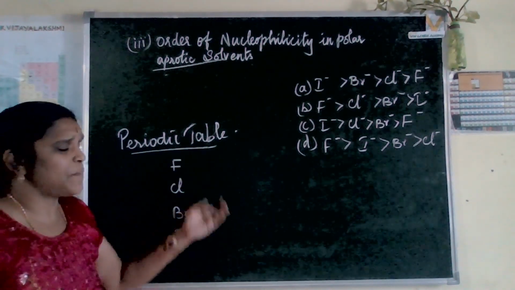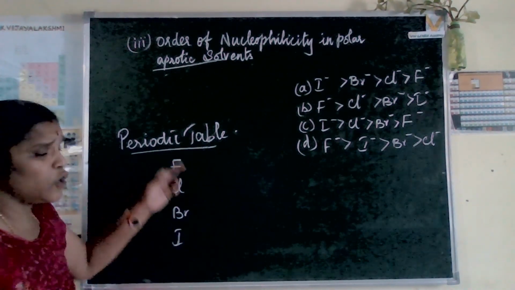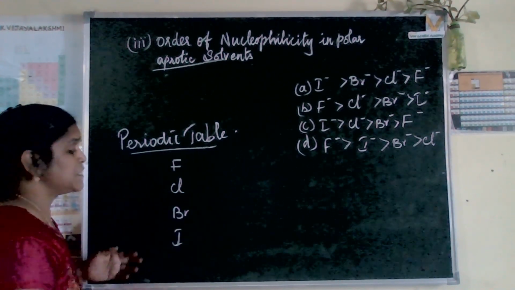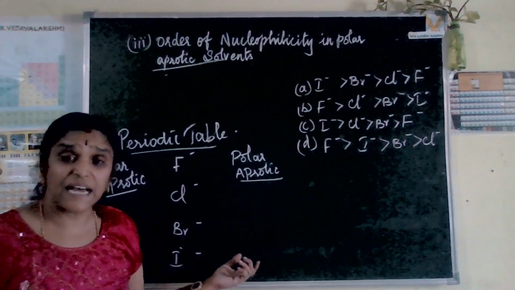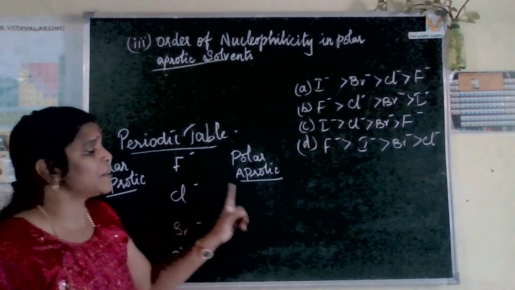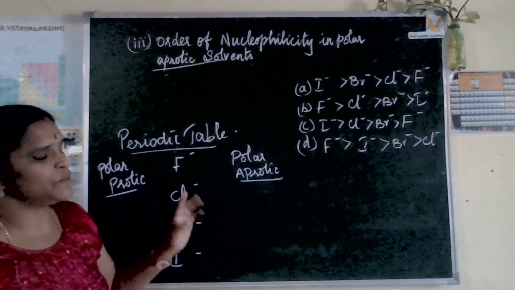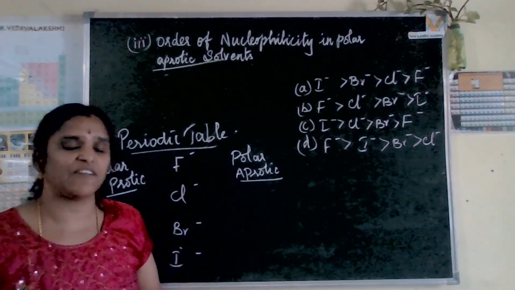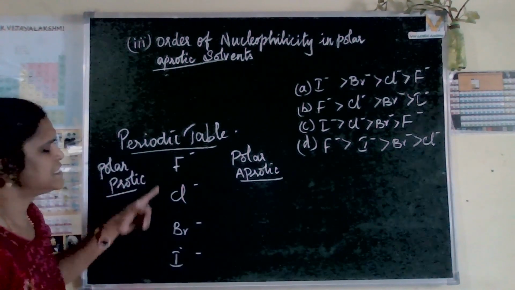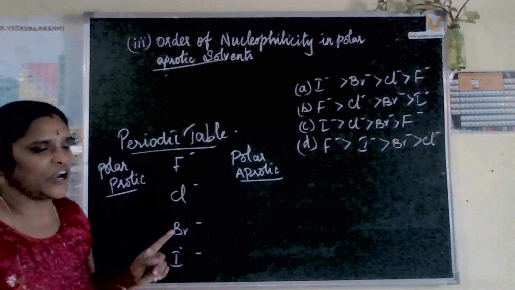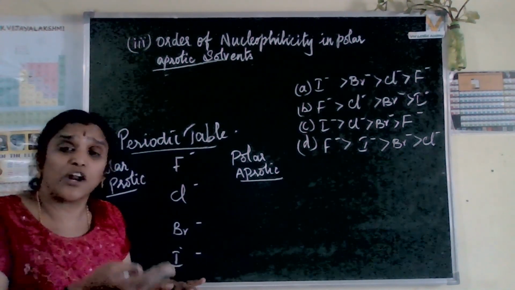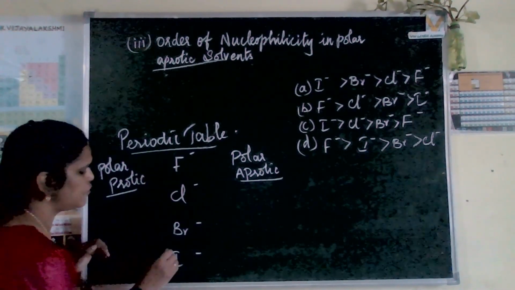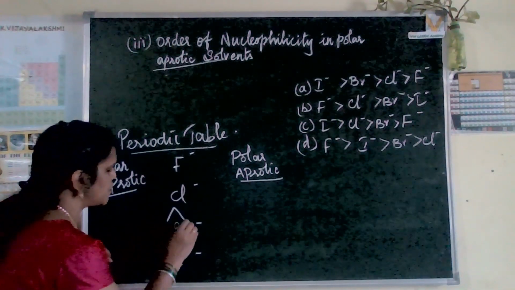So let us analyze polar protic and polar aprotic for the halogens in the periodic table, and we can identify which is correct and which is wrong. As we come down the group, the order of nucleophilicity will be increasing. Shall we put it like this?